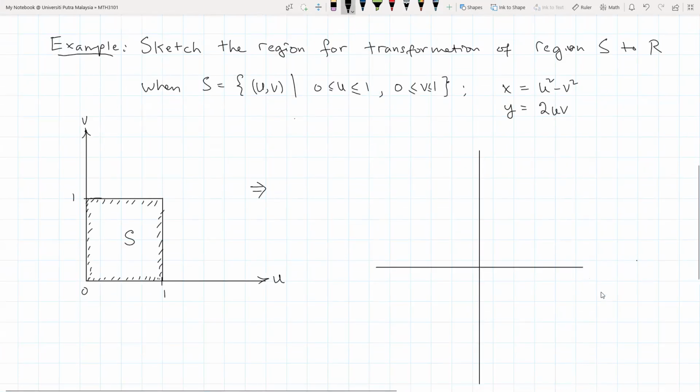Okay, so something like that. Let's try to do it one by one. The key point about transformation is that if you have four sides, the transformation should also be four sides. So the region is also covered by four sides. Transformation also.